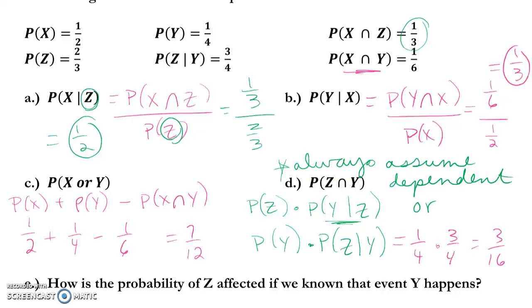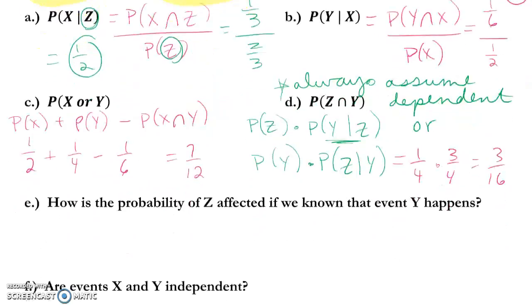There are 2 follow-up questions below here talking about the probability of Z knowing that Y happens. If we analyze up here, the probability of Z is 2/3, and the probability of Z given Y is 3/4. What this tells me is that if I know Y has happened, then Z is more likely to occur, because its probability goes from 2/3 to 3/4.